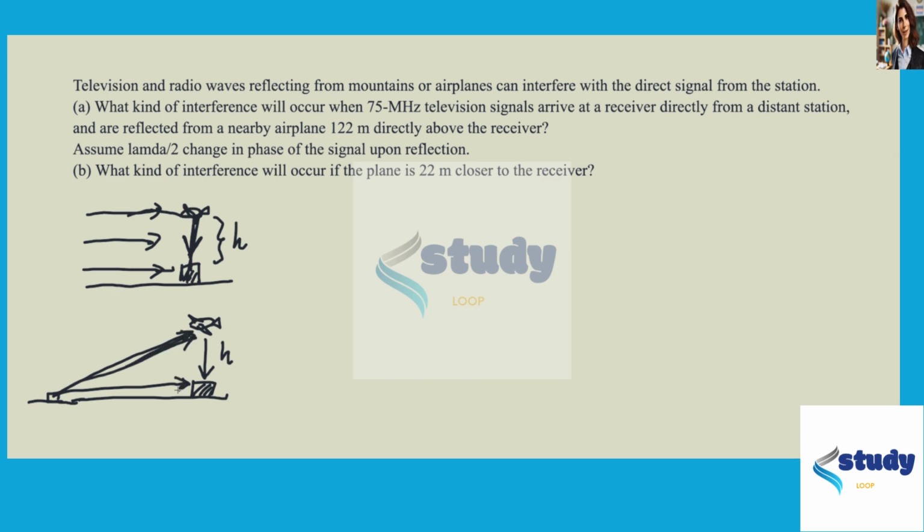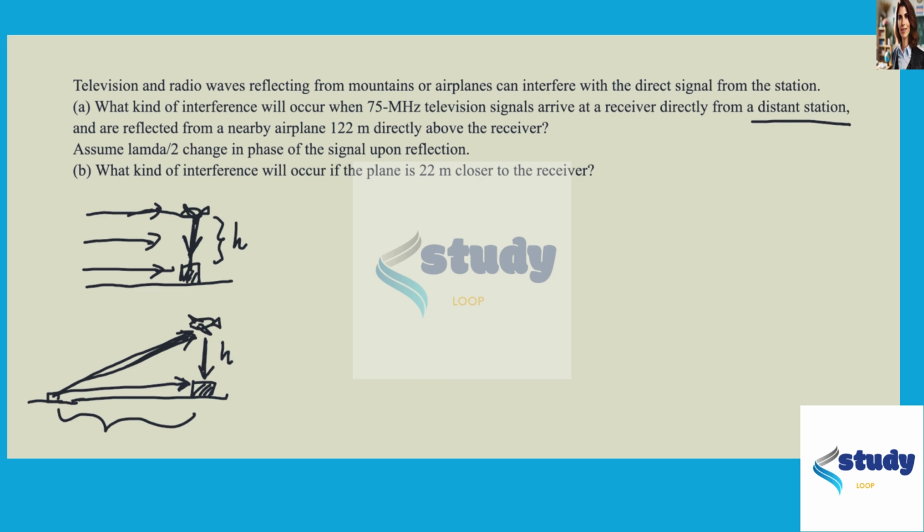A lot of people I encountered have confusion because they were thinking about the second configuration. But if you read the question again, it says from a distant station. So when this distance is infinitely large, this little bit of height does not really matter.